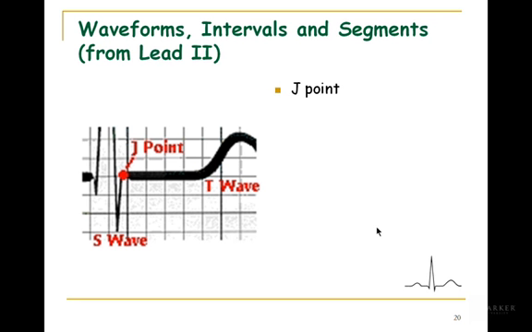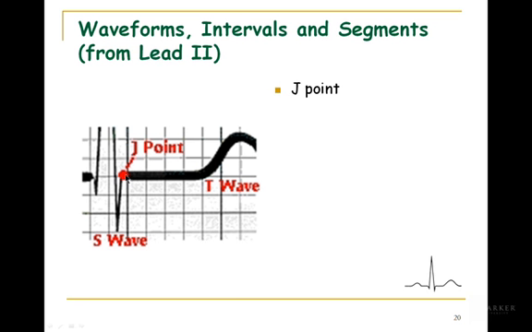At this point, no current is flowing, it's zero potential, it's always zero potential. The ventricles are completely depolarized. We have not started to repolarize, so there'll be absolutely no current flowing at any point in time. No matter what's going on in the heart, this is always zero potential. I don't care where this is on an ECG. The end of the QRS complex at the J point is zero potential.